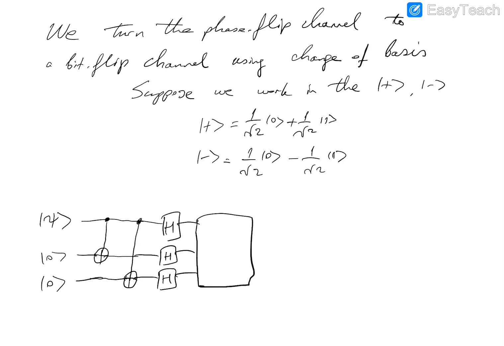And then we have the phase error here, epsilon phase. This is the faulty channel on which the phase error occurs. And then in the output, we change the basis back into the canonical basis. Hadamard, Hadamard, Hadamard. Okay.